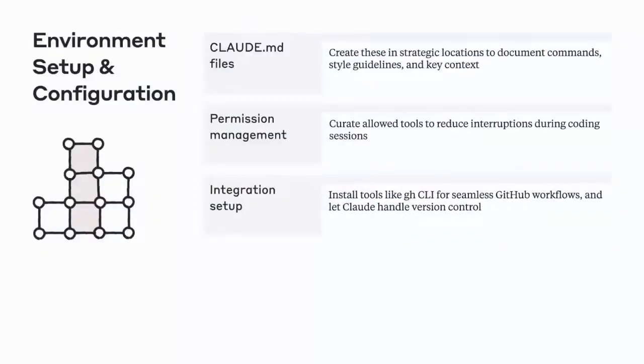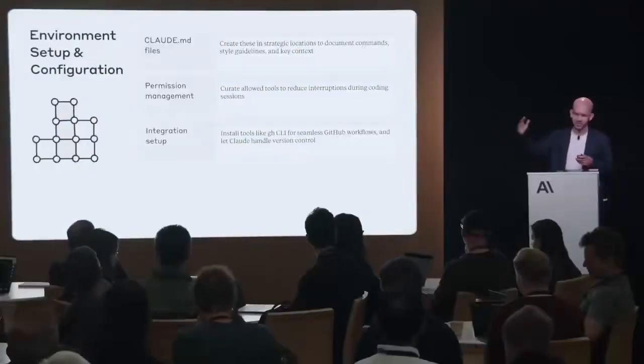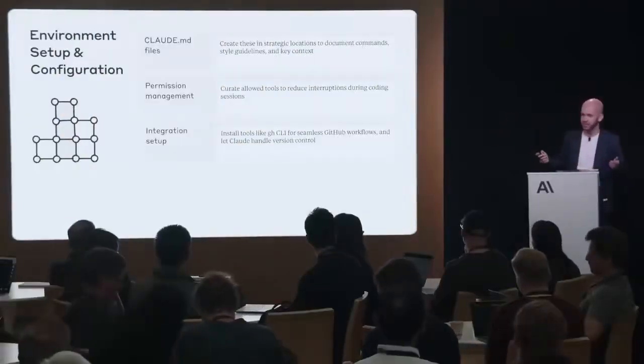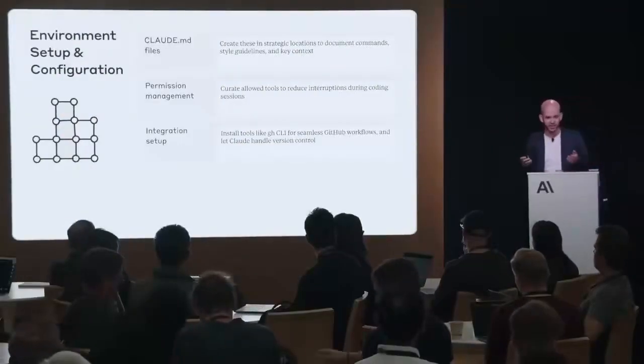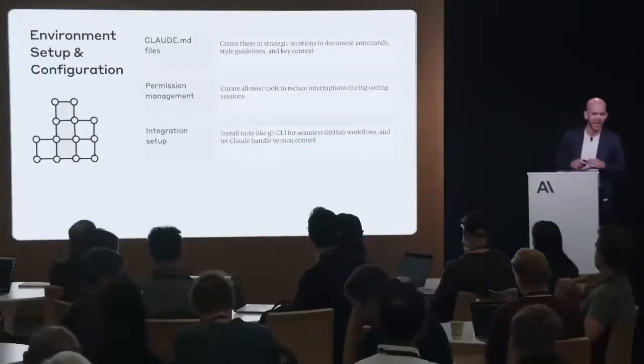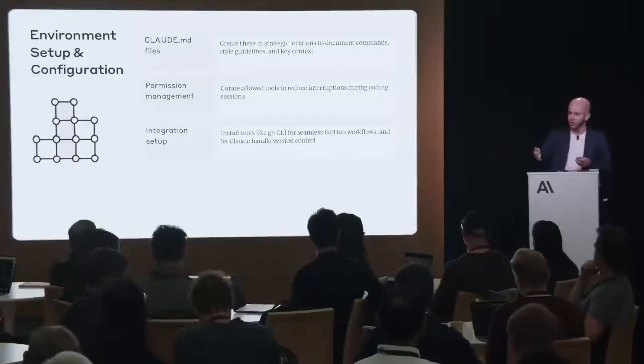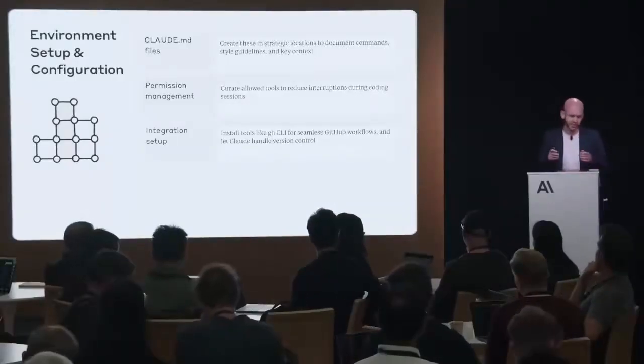Integration setup. One thing that is going to help you get the most out of Claude Code is remember that it's great at the terminal. And if there's applications that you use which have a way to access them through CLI, and GitHub is a great example of that, they have a powerful tool called GH, you can basically give more work to Claude Code. And you can do that either by just installing more CLI tools, or you can attach more MCP servers.